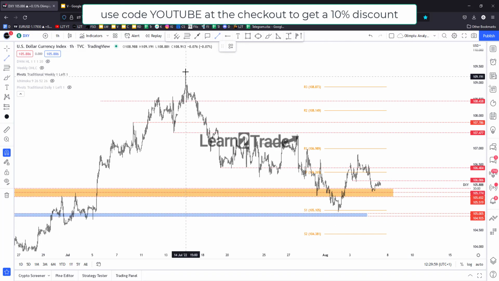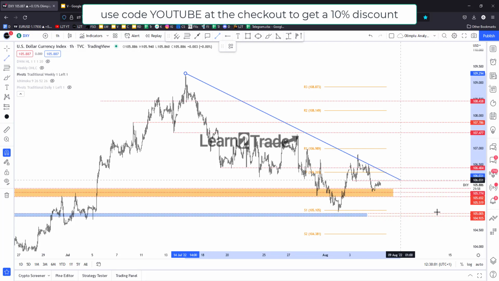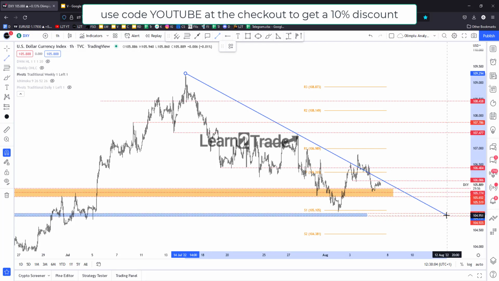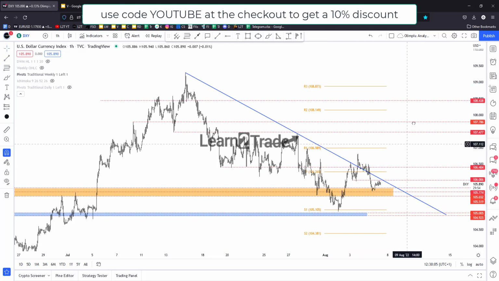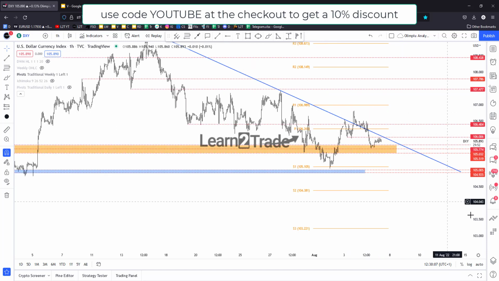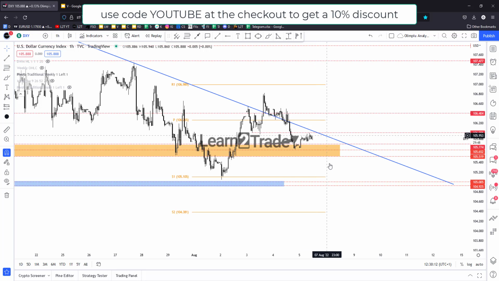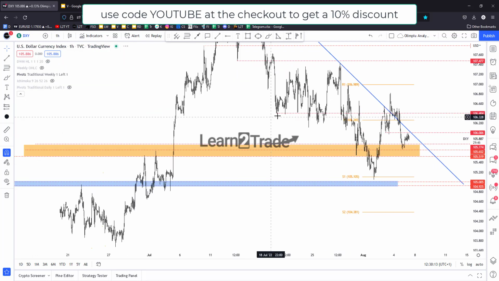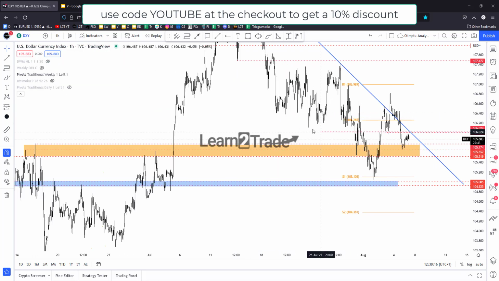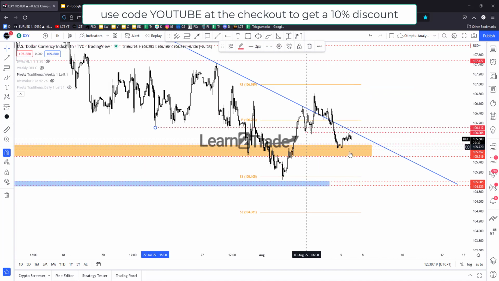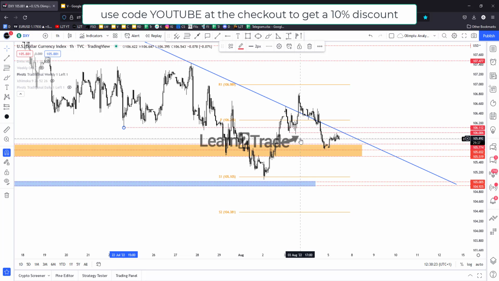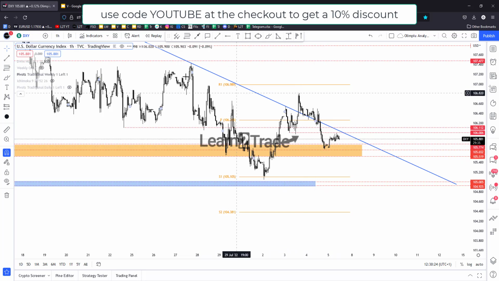Let's draw again this downtrend line. It has failed to stabilize above the broken downtrend line. It has failed to stay above it. It has failed to stay above 106.40. And right now it has also dropped below these former lows again. So the dollar index is in a corrective phase.